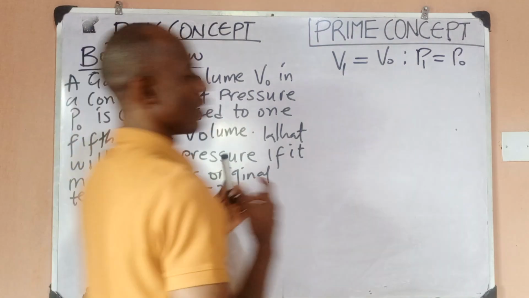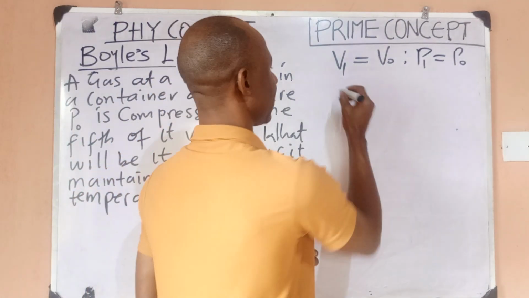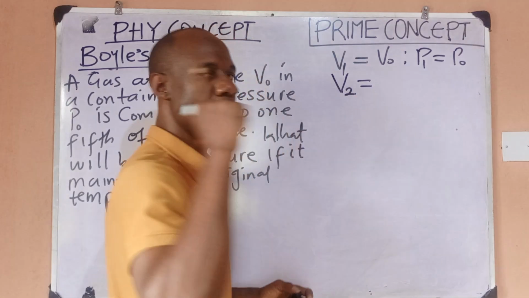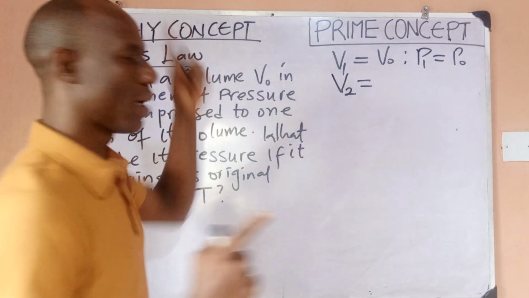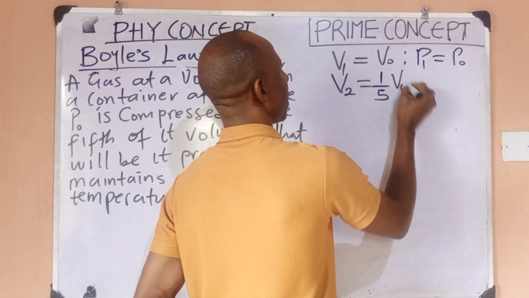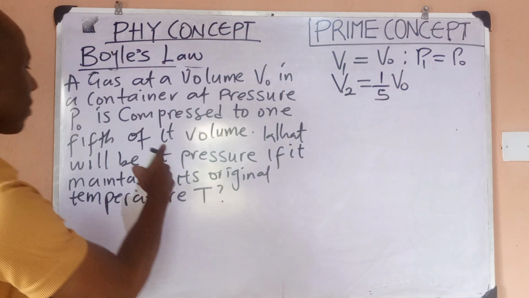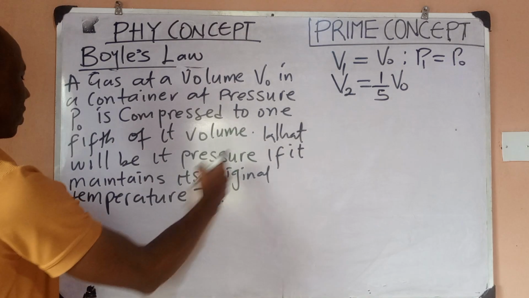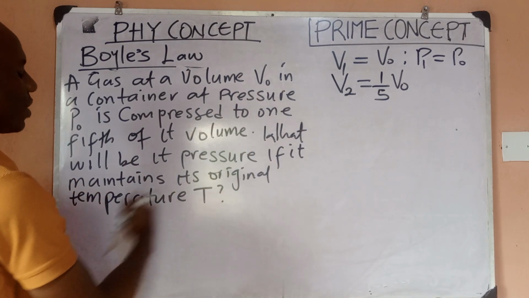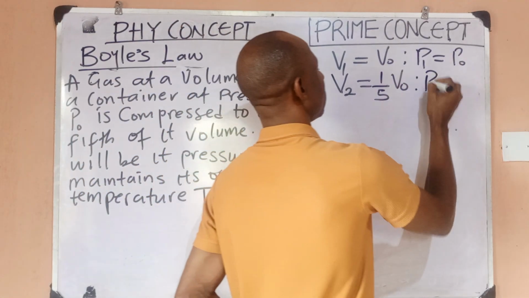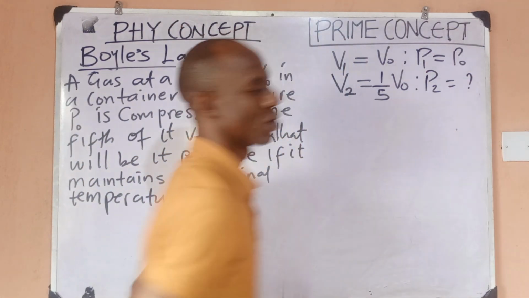That is to say, when they compressed that gas, the final volume V2 became 1/5 of the original volume V0. Now, the question says, what will be its pressure if it maintains its original temperature? So temperature is kept constant. What will P2 be? So this is what we're trying to find.